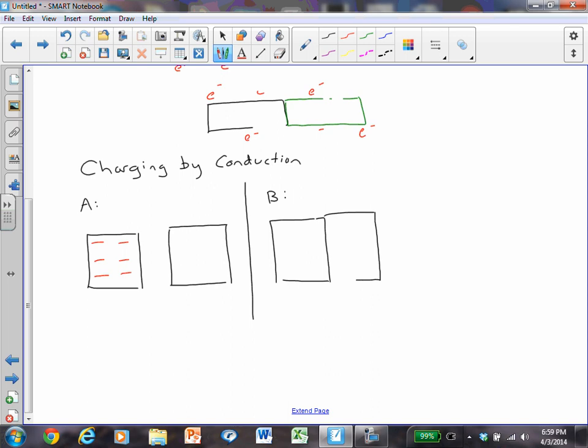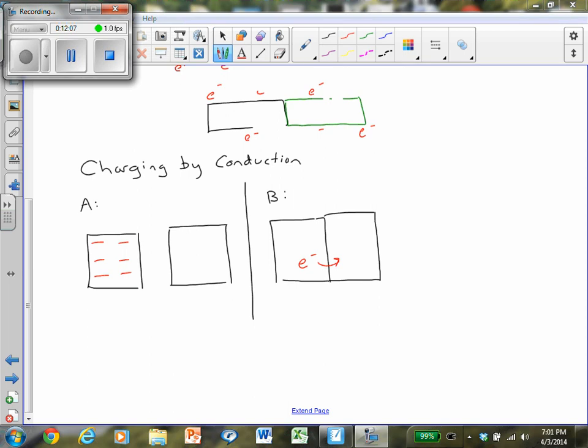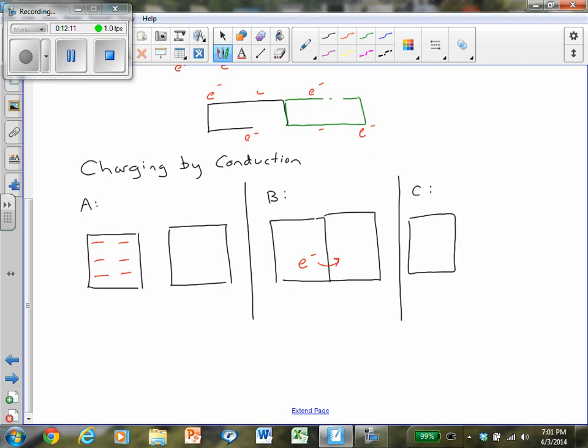And we could see that the electrons will transfer into the neutral object. So the electrons transfer. And then in the third sketch, we'll just show how those would transfer.